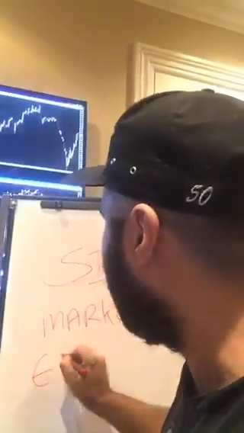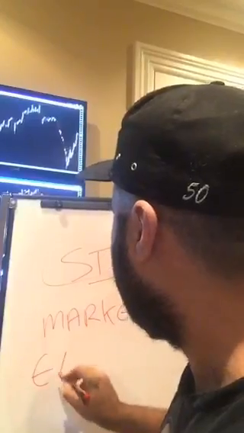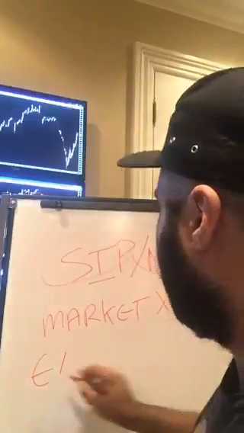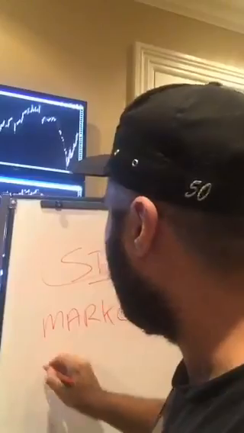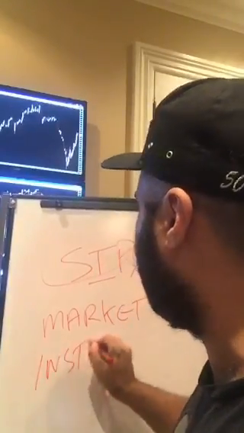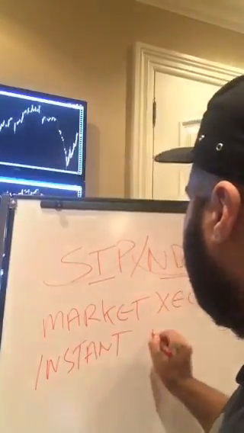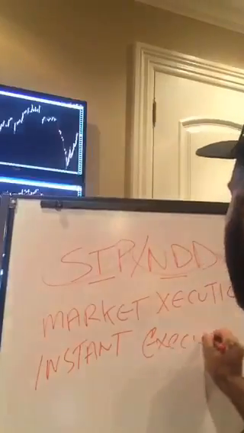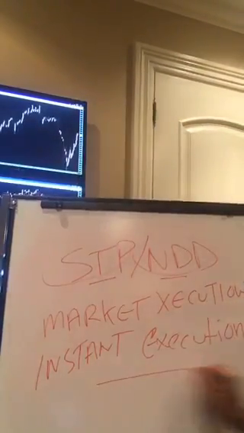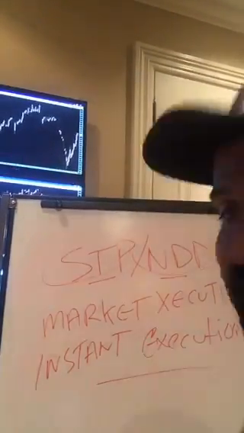The broker also has the ability, instead of setting up market execution, to set it up under instant execution. Instant execution means any trade you take is instantly executed, irrespective of that trade being available or not available.